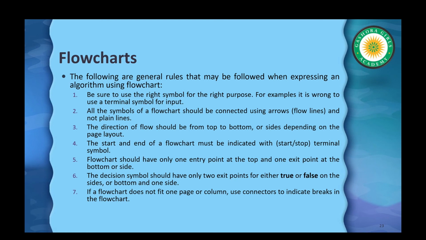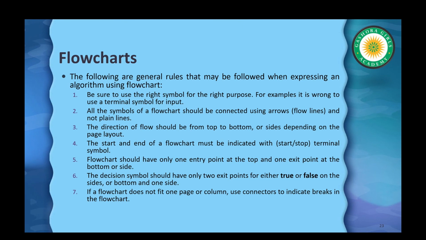So each symbol has to be connected with another using an arrow. The direction of flow of an arrow should be from the top to the bottom or sides depending on the page layout. So which means the flowchart uses a top-down system.